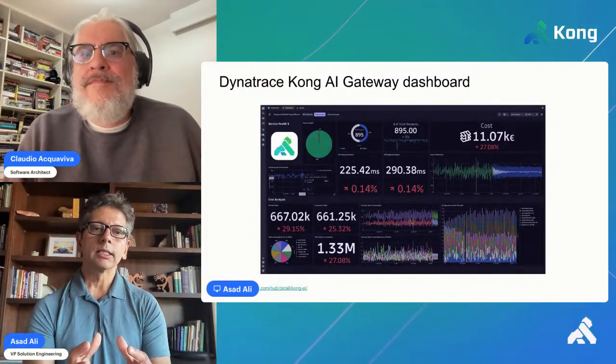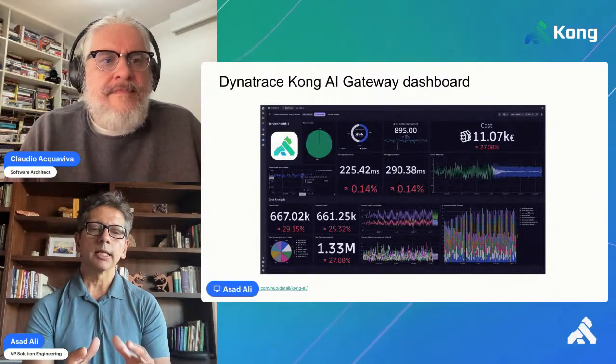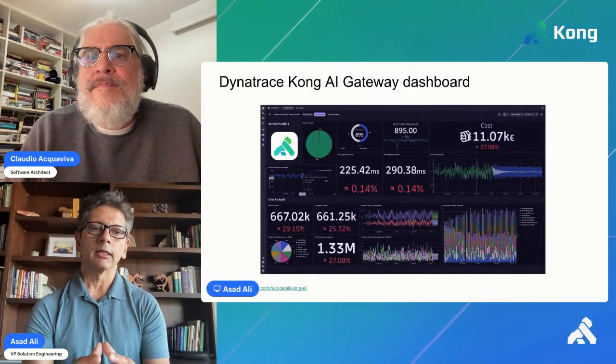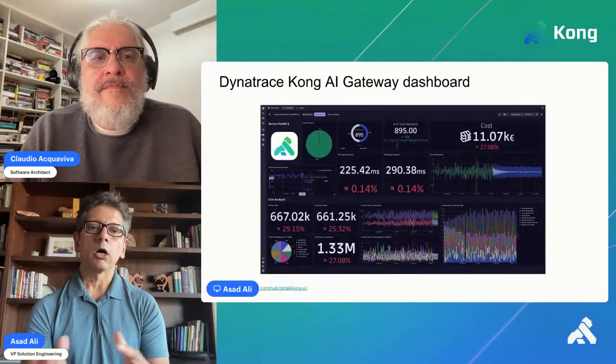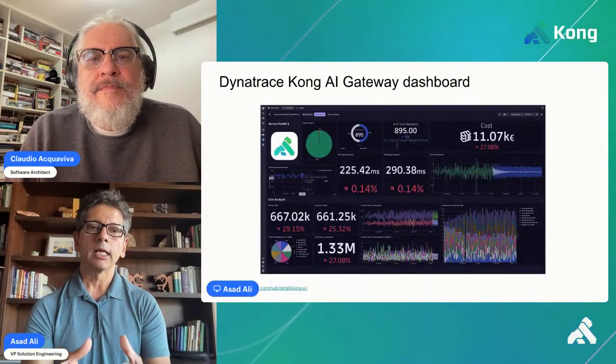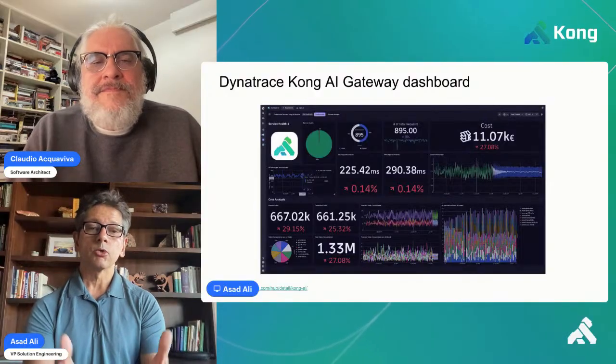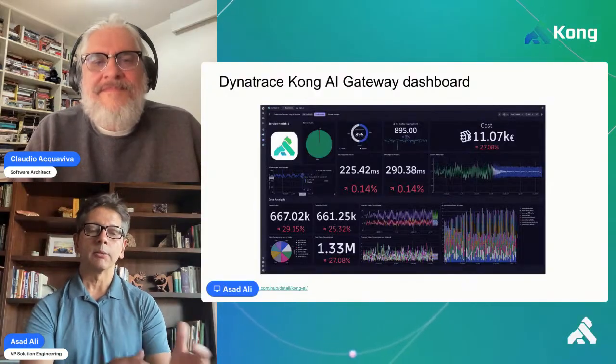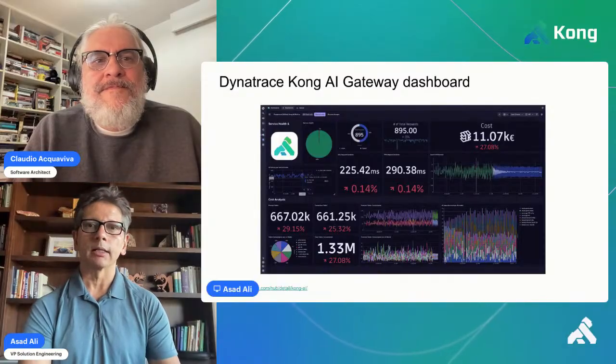So combining causal AI as well as predictive AI allows the telemetry data coming from Kong AI gateway to show up in a dashboard like this, but also to do prediction based upon that.